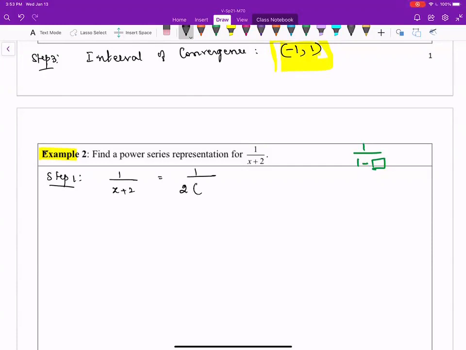So take the 2 out, then it will become 1 plus x over 2. So now this looks like 1 over 2 times 1 over 1 plus x over 2. Or it is 1 over 2 times 1 over 1 minus of minus x over 2. This is kind of the box.